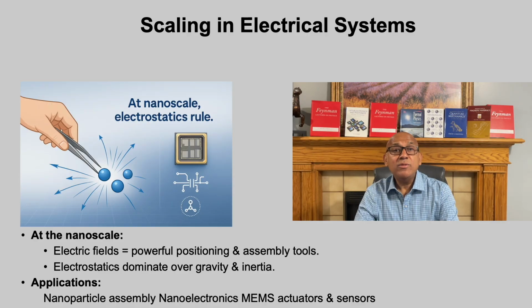This has enormous implications for applications from assembling nanoparticles to developing nanoelectronic devices to fabricating micro and nanoscale actuators and sensors, and even nanosensors for detecting tiny changes in the environment. In other words, mastering electrostatics at nanoscale is key to unlocking the next generation of nano devices and technologies.